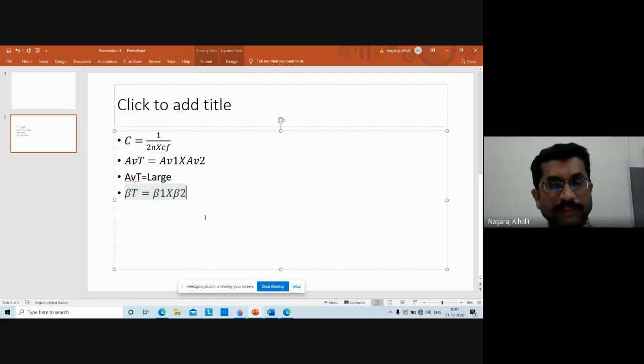What is current gain, students? How do you define current gain? Voltage gain means output voltage by input voltage. What is current gain? What is the formula for current gain?